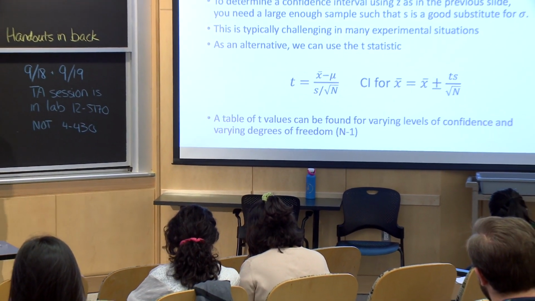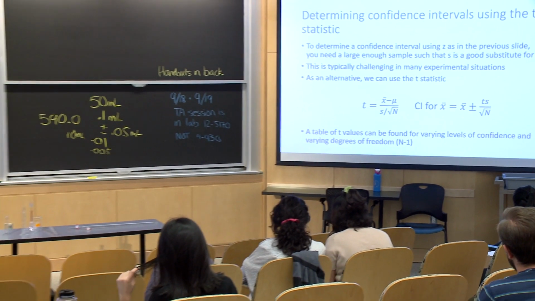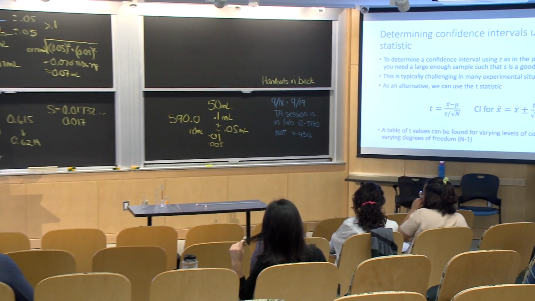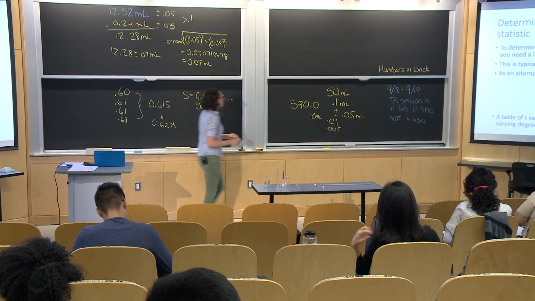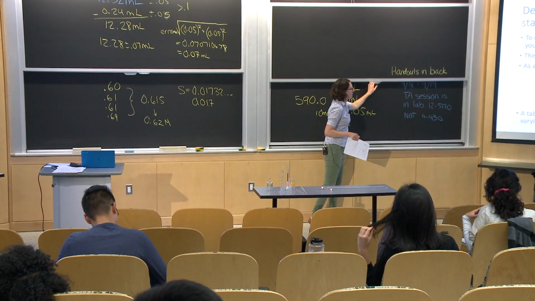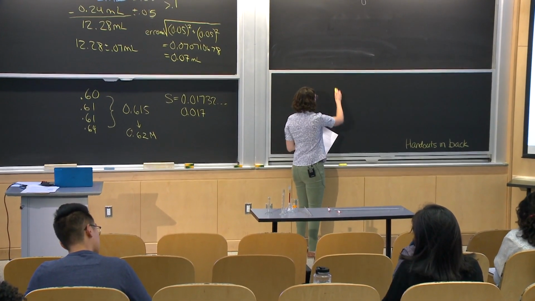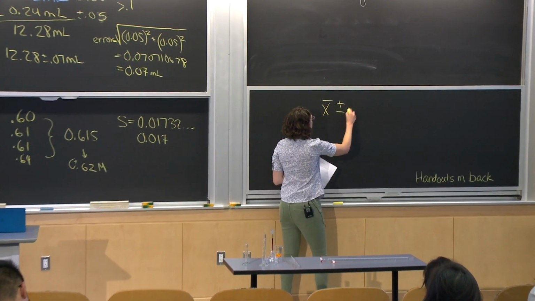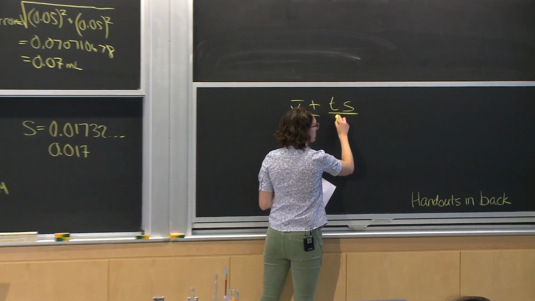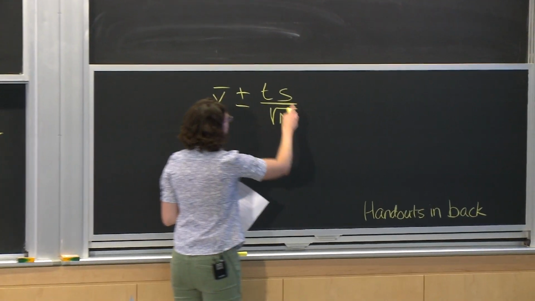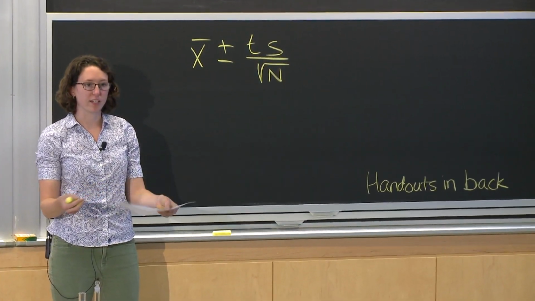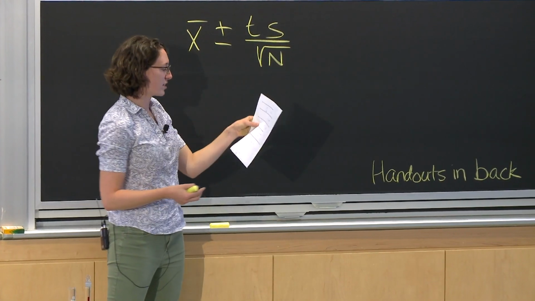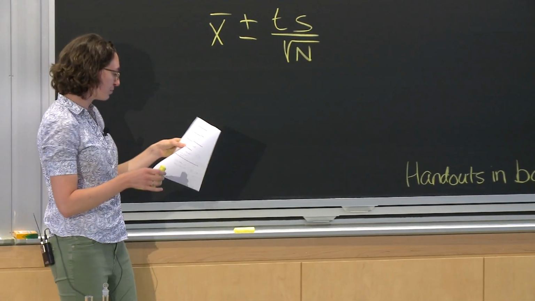So if we're going to calculate a confidence interval for the mean of our HCl concentration, we need our average plus or minus t times s over the square root of n. And you'll notice that this standard deviation over the square root of n is the standard error of the mean. If you calculate that first, it'll make it slightly easier to calculate your confidence interval.